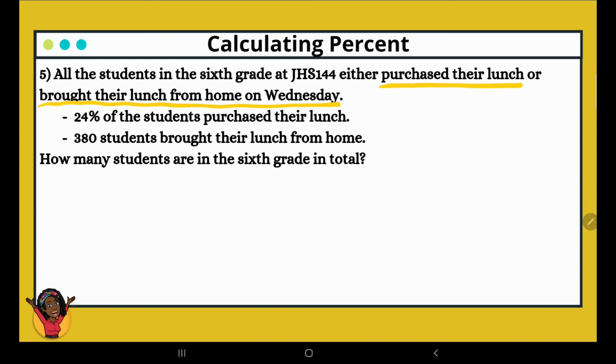Now we know percent is out of 100. So if 24% purchased their lunch, then we can subtract 24 from 100% to find out what percentage brought their lunch from home. So 100 minus 24 is going to give us 76. So we're going to take that 76 and we're going to write it next to the second statement here, and that represents 76%.